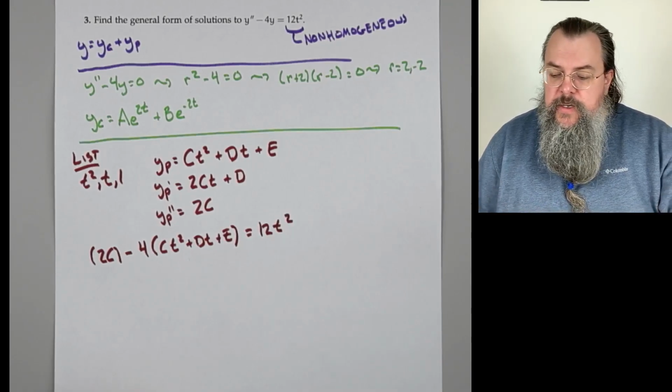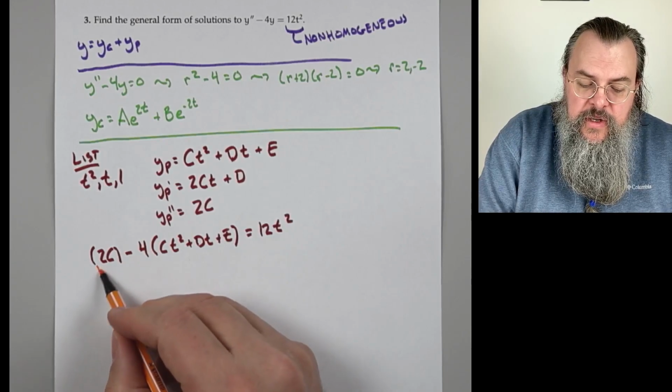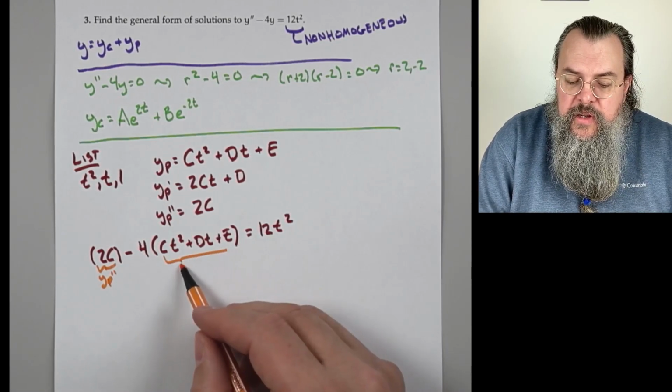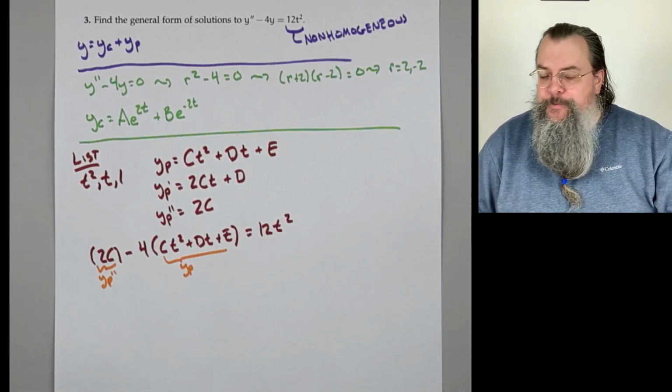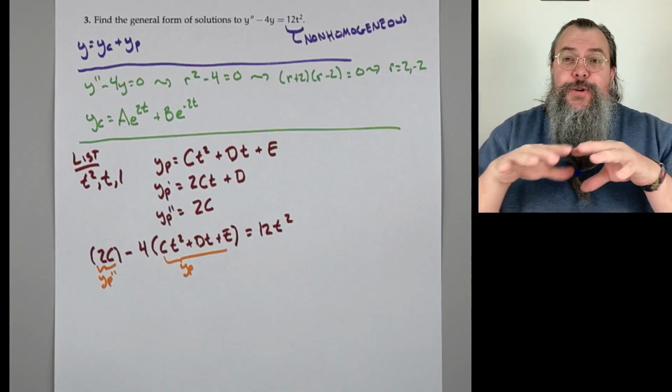Okay, and we'll just pause and say, where are these things coming from? This is our yp double prime. Here's our yp.